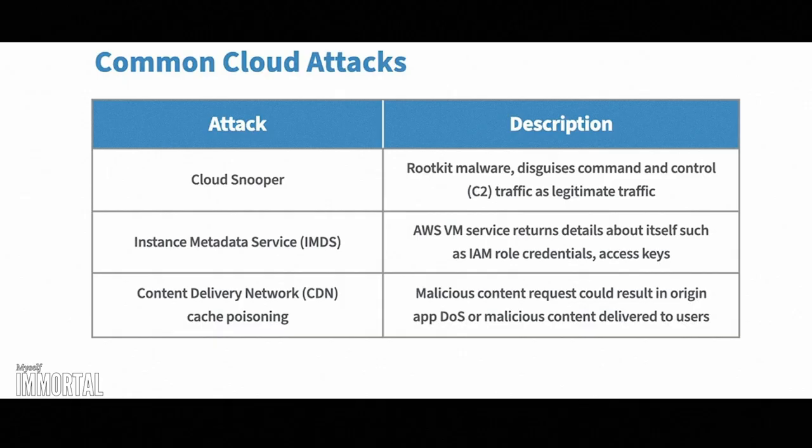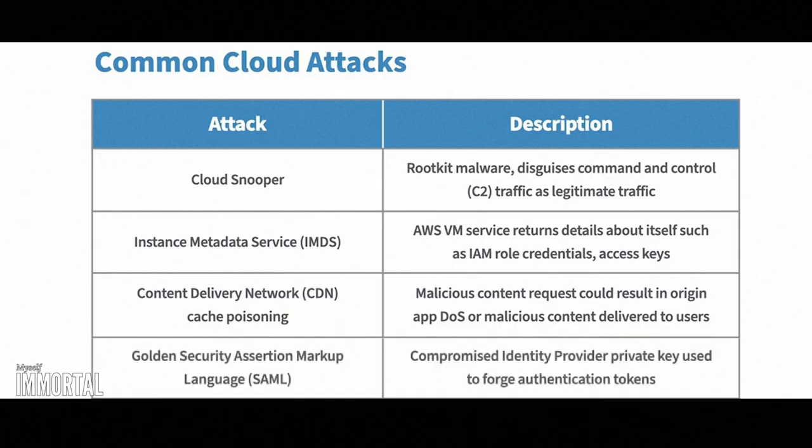Well, malicious content might be injected, or it also could mean that a malicious content request is sent that allows access to back-end origin servers. It could also result in a denial of service, or DoS, attack to bring a server down, or could end up being malicious content delivered to users because that malicious content was injected into the CDN cache.